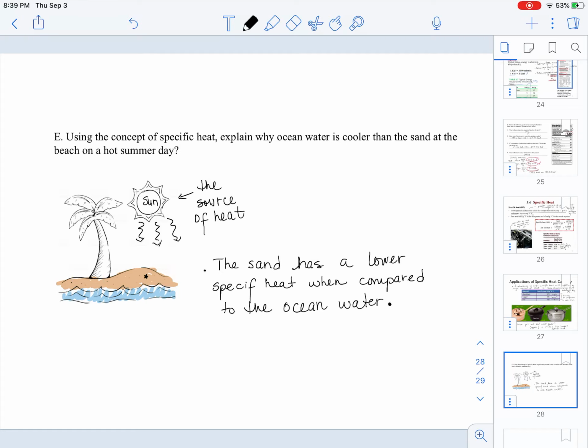Since the sand has a lower specific heat, when the sun radiates and produces heat, understand that having a lower specific heat means that you will get heated faster, and that's why the sand will feel hotter compared to ocean water. So ocean water will have a higher specific heat compared to the sand.